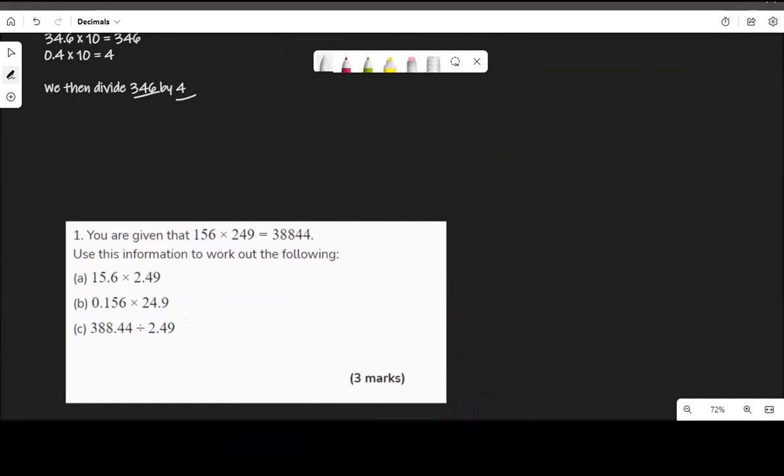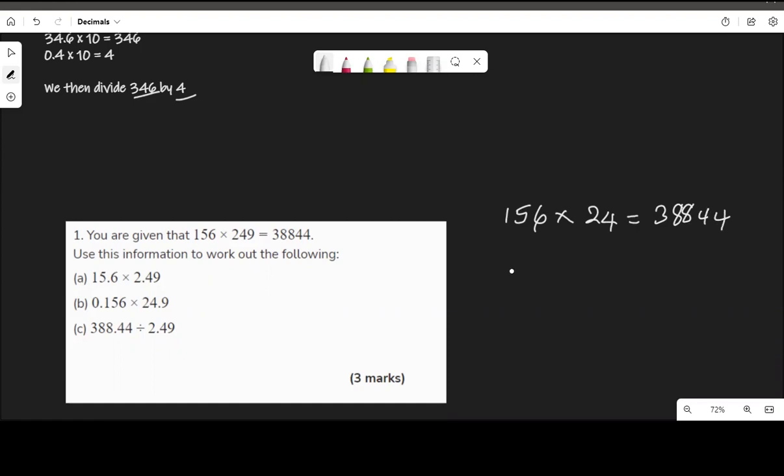In short, looking at the way the question is structured, this is a question where one is not allowed to use a calculator, because I have 156 multiplied by 249 equal to 38844.